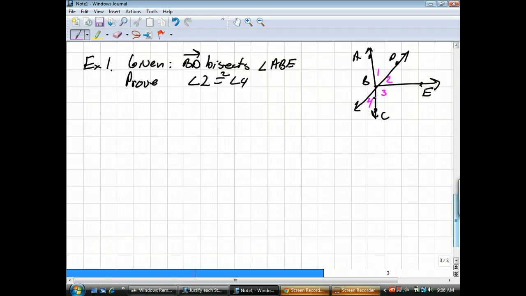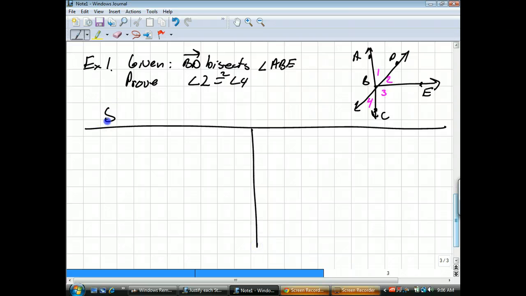Okay, so first of all, they tell me that ray BD bisects angle ABE. Okay, so in my picture, here's ray BD, and here is angle ABE.